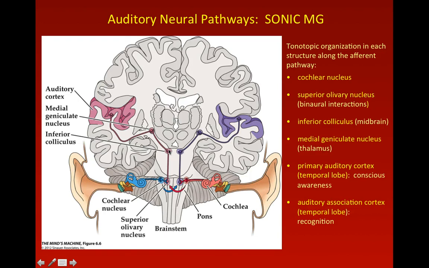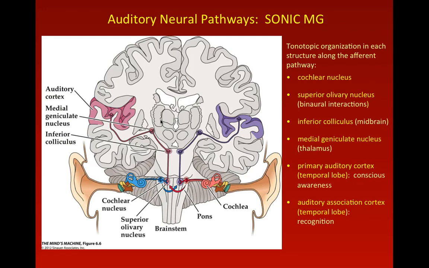From the inferior colliculus, information is then relayed to the thalamus, and the specific nucleus of the thalamus that receives the information is called the medial geniculate nucleus. You do need to know that. It is dedicated to processing information only from the auditory system.